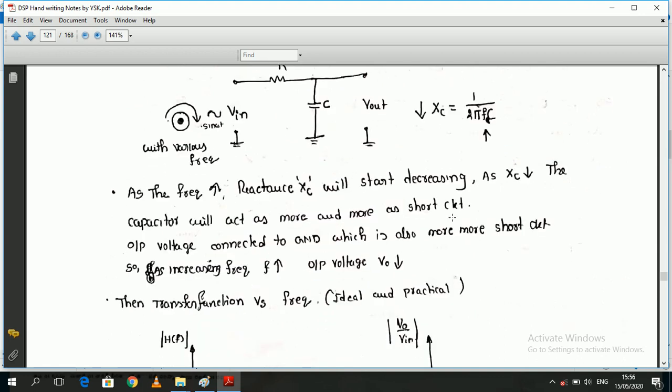As frequency increases, the reactance decreases, and the capacitor acts as more and more of a short circuit. The output voltage is connected to the ground, which is also more and more like a short circuit. So as we increase the frequency, the output decreases. If the frequency is increased to infinity, the output will become zero. So there is no chance to increase frequency up to infinity.